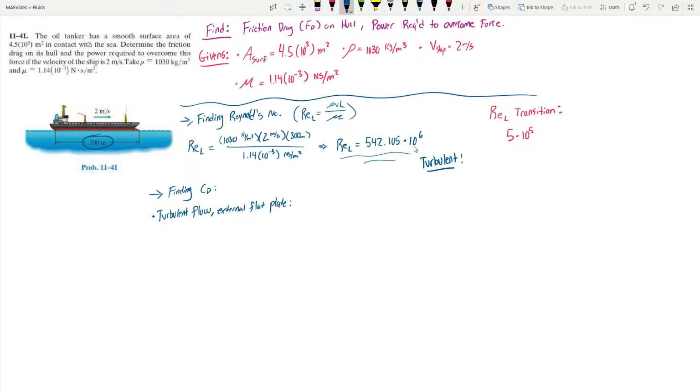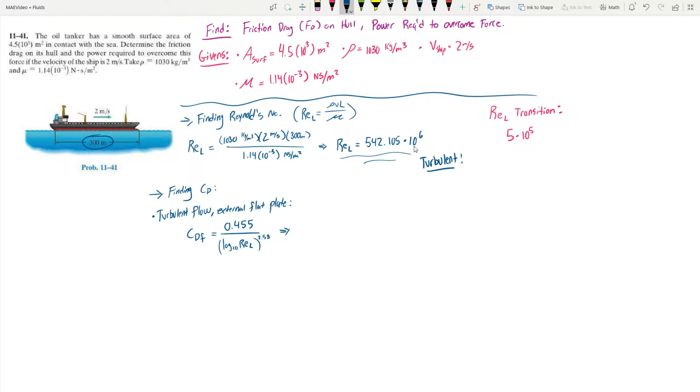But what you're going to see is that to find the drag coefficient for a turbulent flow with an external flat plate, the drag coefficient can be obtained from the following expression: 0.455 over log base 10 of the Reynolds number to the 2.58 power.